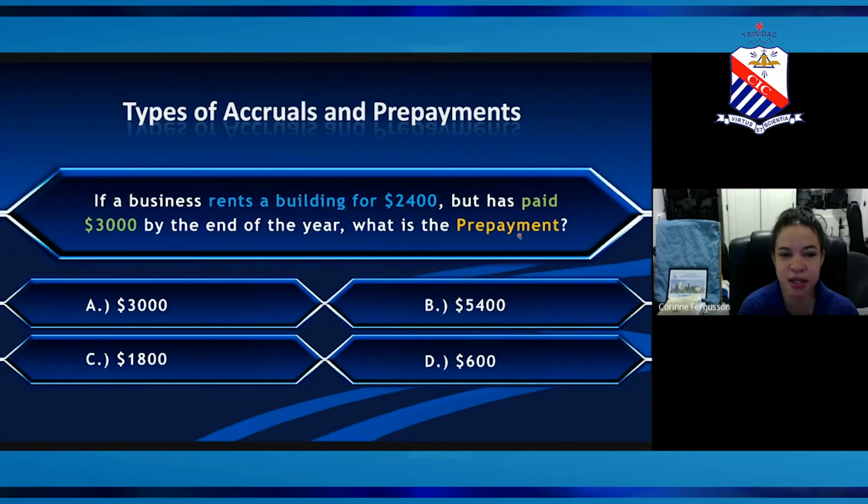Remember, the question is how much is the prepayment? So let me ask, what does this 2,400 represent? Prepayment, incurred, or paid? Right, incurred. What does the 3,000 represent? Incurred, prepayment, or paid?